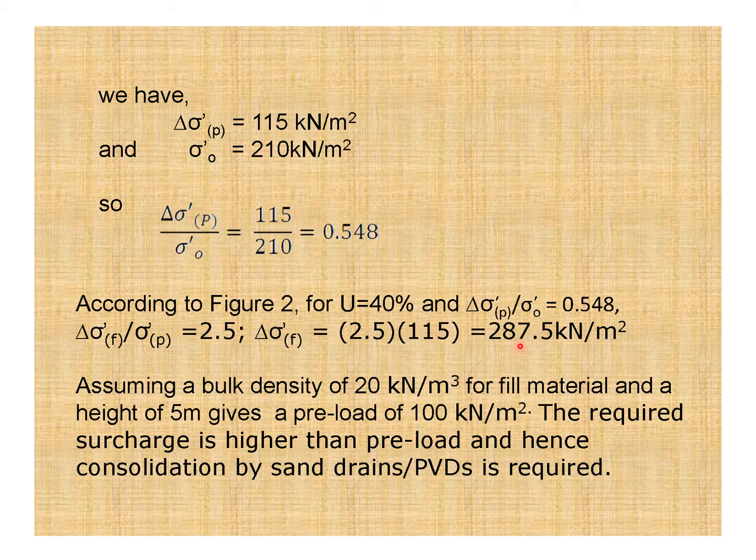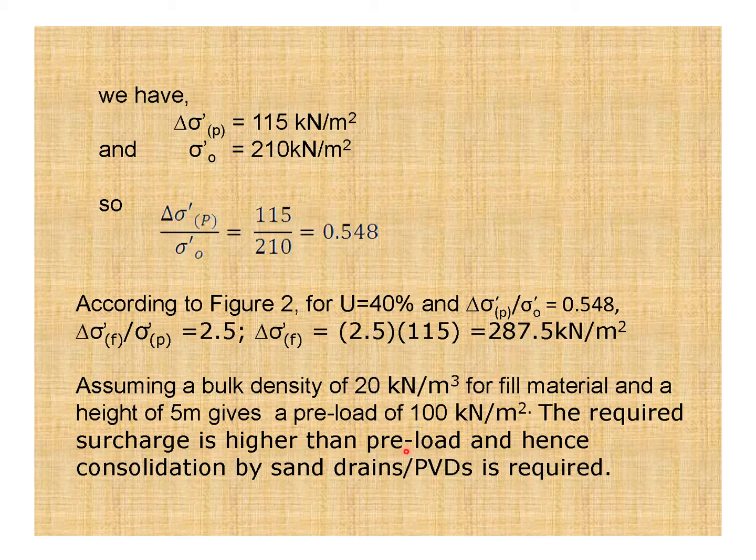But look, this value is very large. The required surcharge is higher than the preload, and hence a consolidation by sand drains or prefabricated vertical drain is required. So basically we have concluded that in this case the fill height that is required is huge, and that's why simply preloading is not recommendable over here.